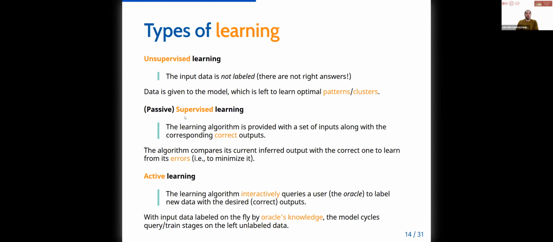Next to that, we have supervised learning, which we can call passive learning, because we have two distinct phases. In one, we provide the algorithm with data and labels, so with the results, and you create your trained algorithm. Something like when we study for an exam, we have exercises and solutions.